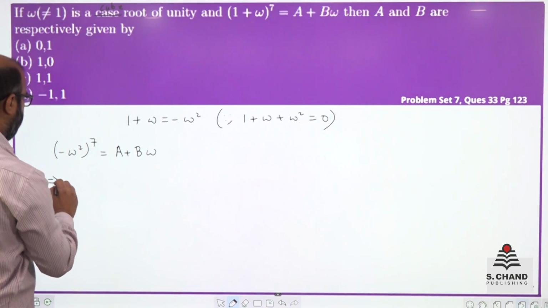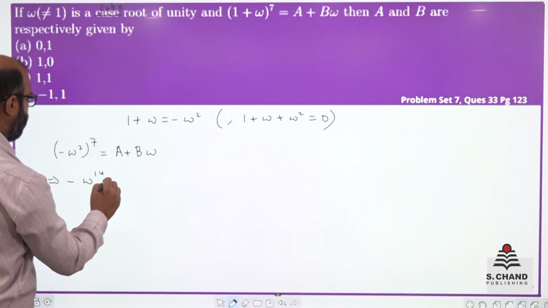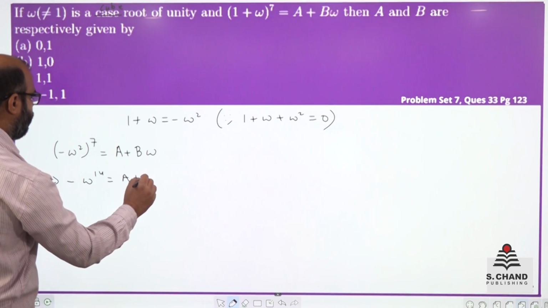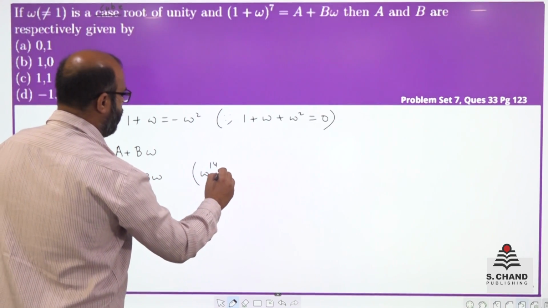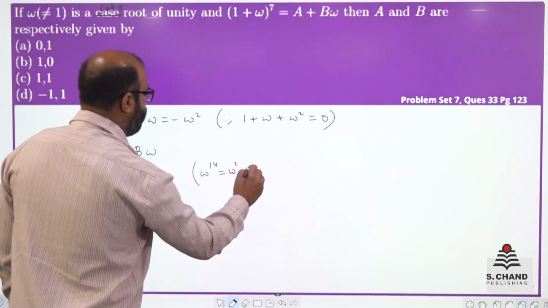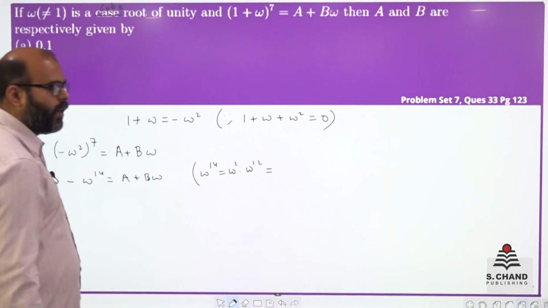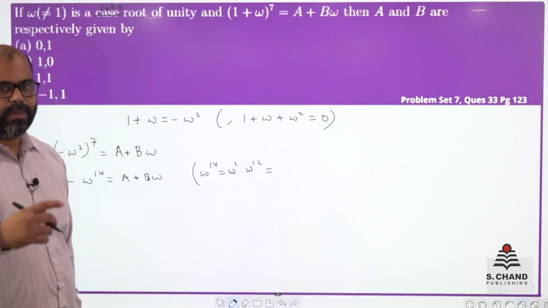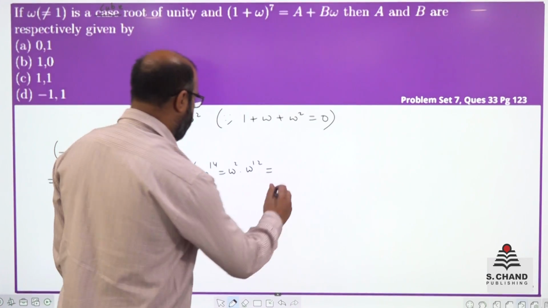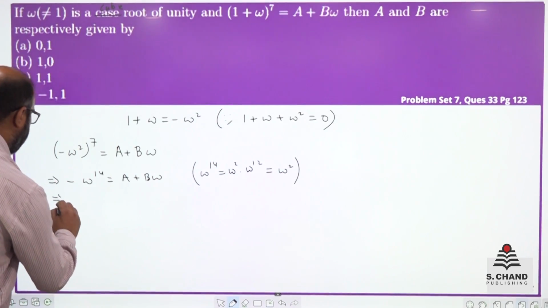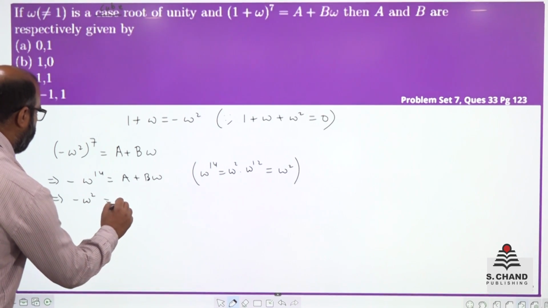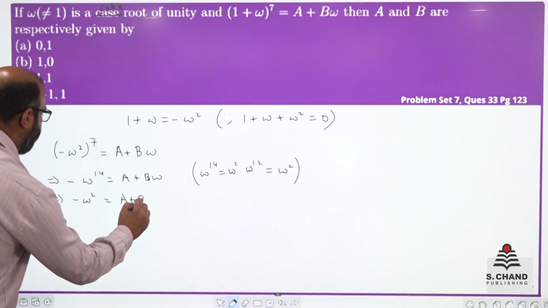Now this will become minus omega to the power 14 is equal to a plus b omega, where omega to the power 14 is equal to omega square into omega to the power 12, and omega to the power 12 is 1 because 12 is a multiple of 3, so we will get omega square. So this will become minus omega square is equal to a plus b omega.